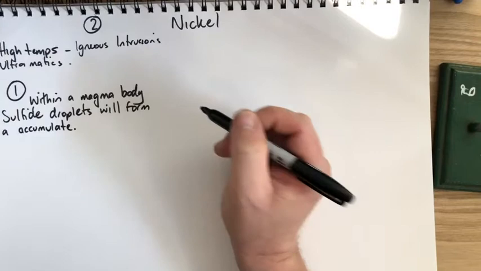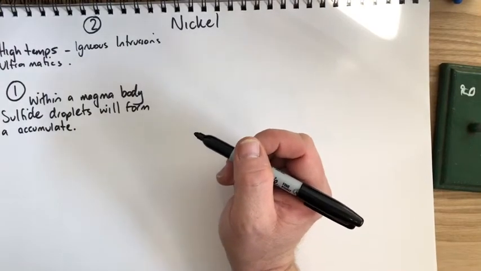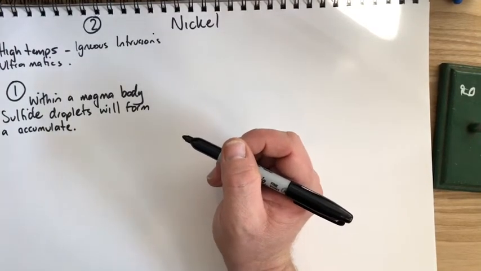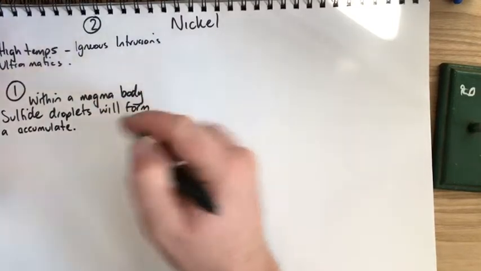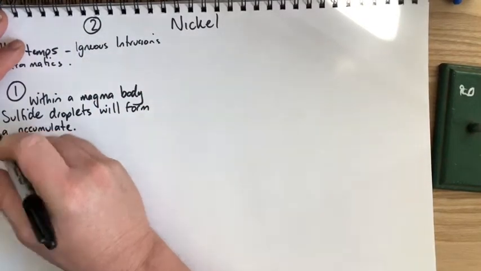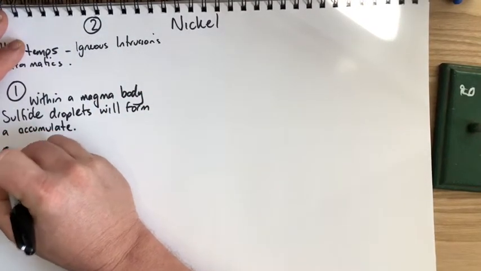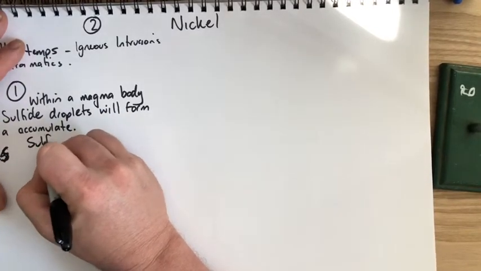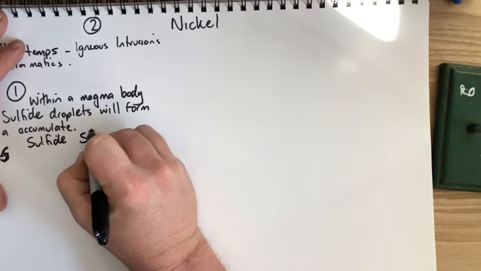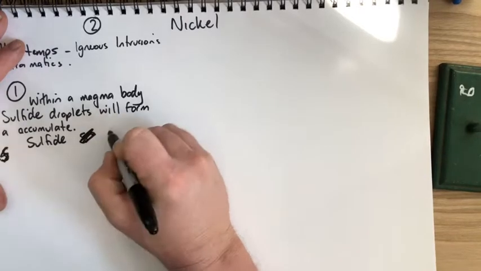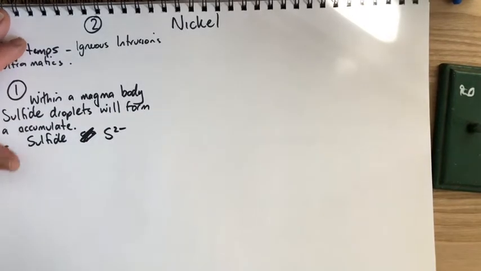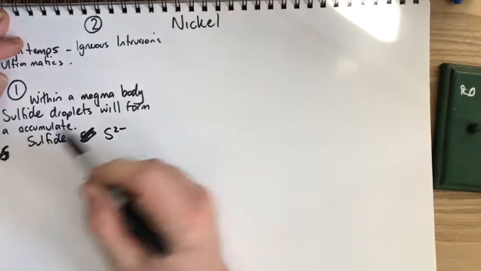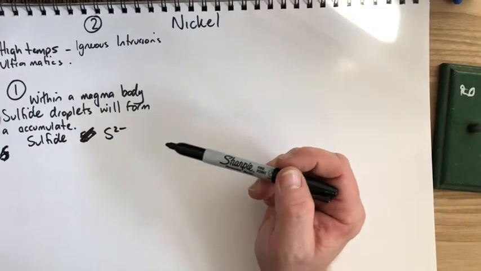So sulfide is an anion. It's a negative ion. If we think about sulfur itself, sulfide is S2 negative, which makes it a negative ion.